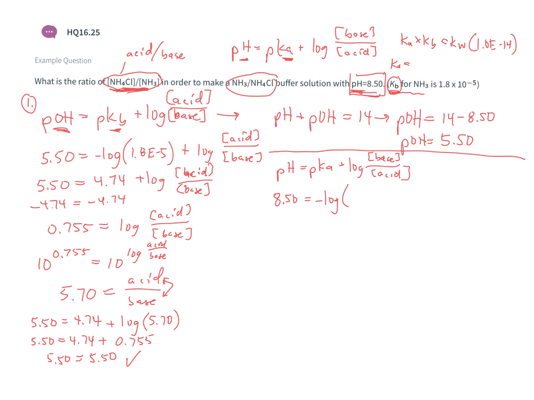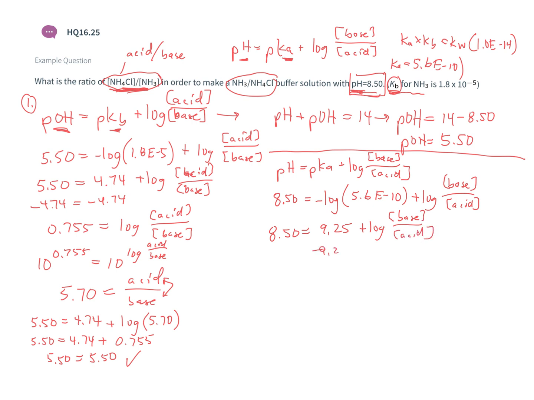So my Ka for ammonia would be 5.6 e to the negative 10. So 8.5 equals the negative log of 5.6 e to the negative 10, which is 9.25, plus the log of base over acid.